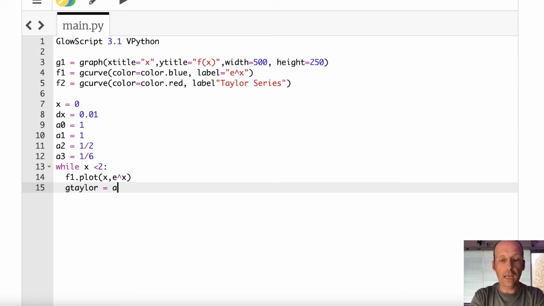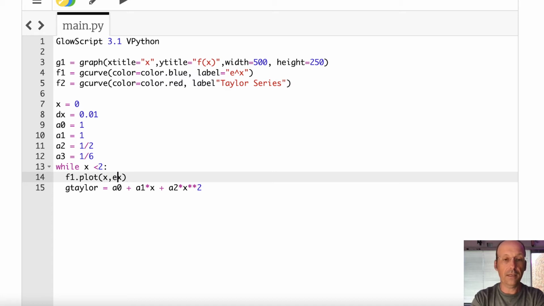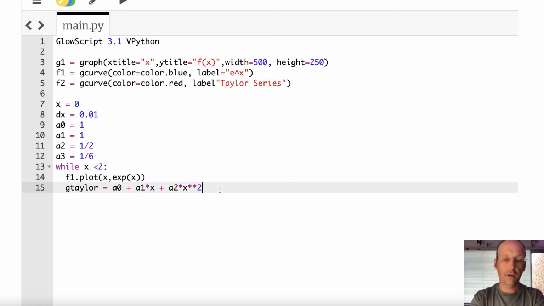It's going to be a0 plus a1 times x plus a2 times x squared. Oh my gosh, I can't believe I did that. I think you have to do exponent x plus a3 times x cubed.